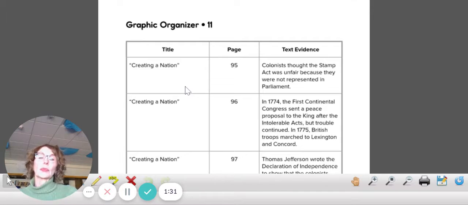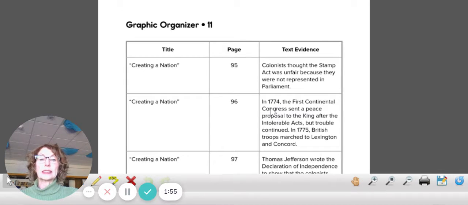So on page 95, he makes note that the colonists thought the Stamp Act was unfair because they were not represented in Parliament. And then he moves on to page 96 and finds additional evidence supporting why the colonists wanted to break away from Great Britain and become independent.